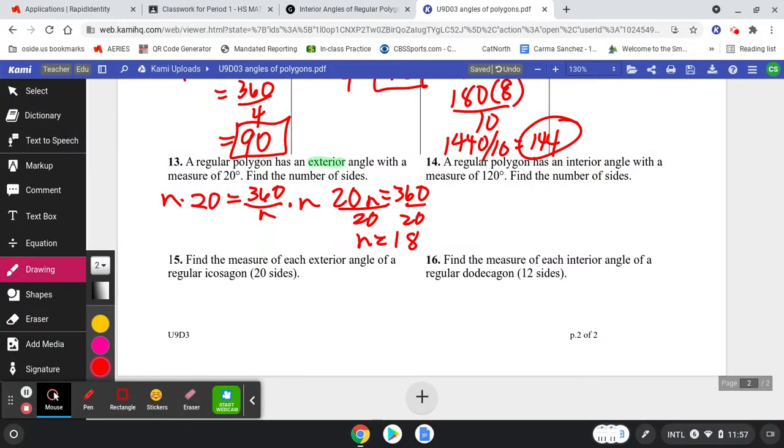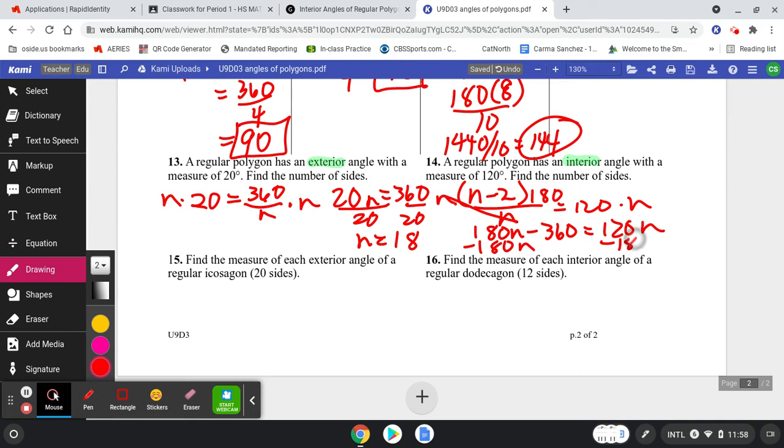A regular polygon has an interior angle with a measure of 120. So this is 180 times (n minus 2) over n, and they're giving us the answer. So we're going to multiply by n to bring it up. I'm going to distribute and get 180n minus 360 equals 120n.